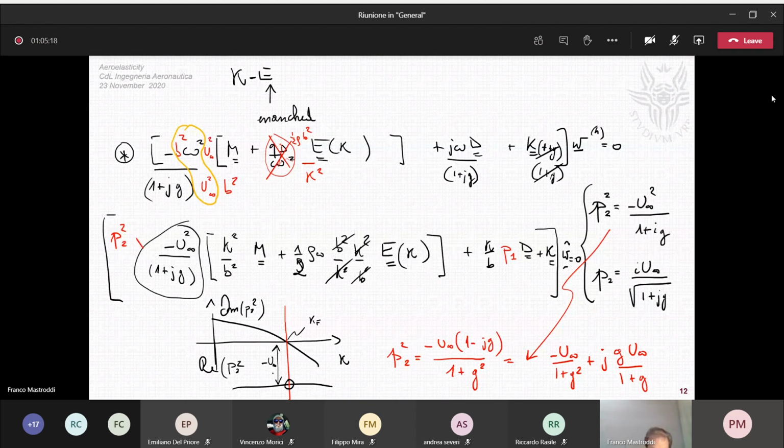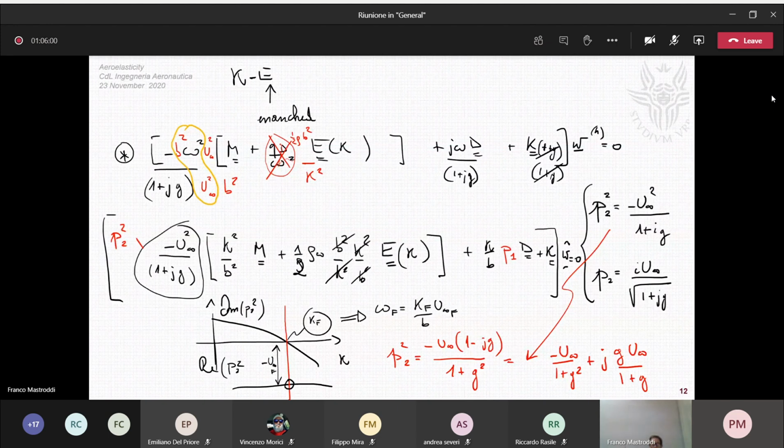So you have the k flutter, you have u flutter, and therefore you also have omega flutter, like k flutter by b u flutter. This is the enhanced method, enhanced because somebody proved that this way of iterating is more efficient with respect to the other one, and therefore this is known as the k enhanced method.